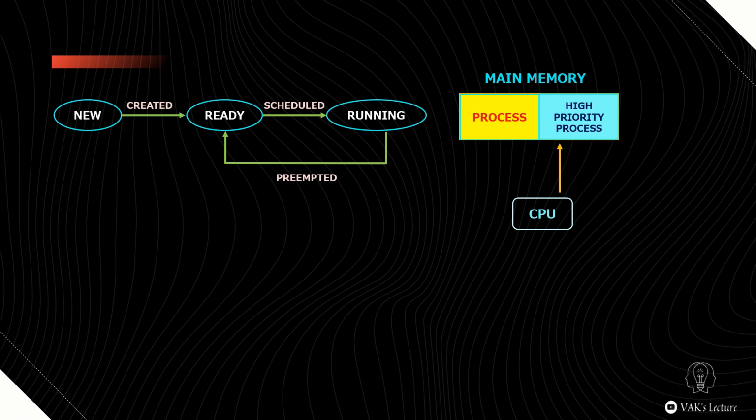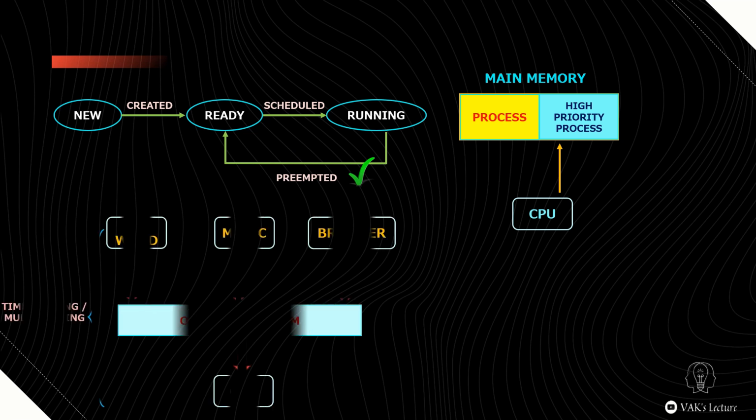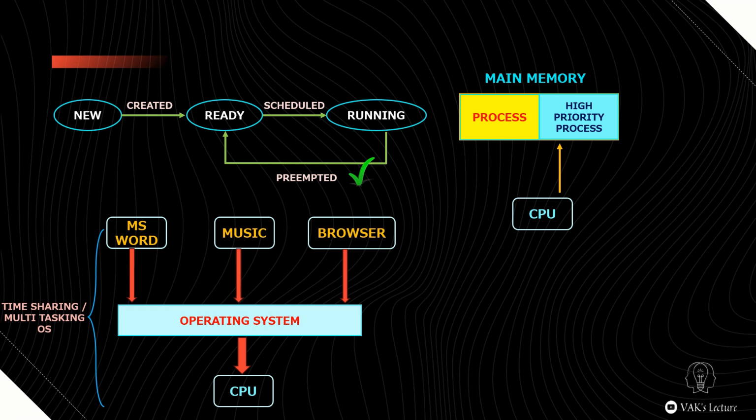That means it will be force stopped and it will go back to the ready state. Or as we have seen in time sharing operating systems, a process is executed for some quantum time. Then the next process is executed. In that case also, the process can go to the ready state from the running state and wait in the ready state for its execution.